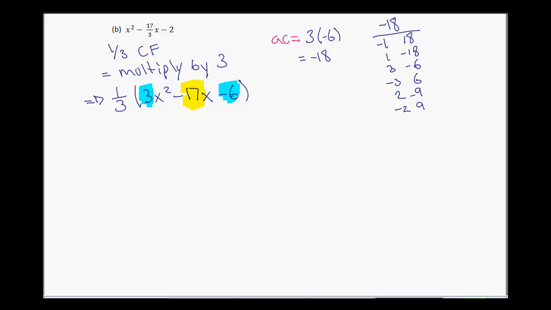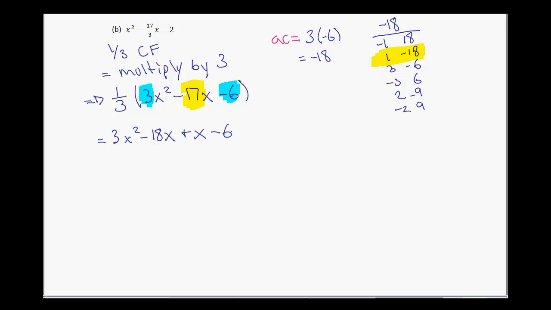Looking at these factors, I see one pairing that will add to become negative 17, which is 1 and negative 17.